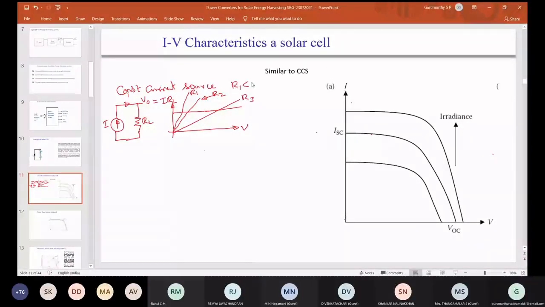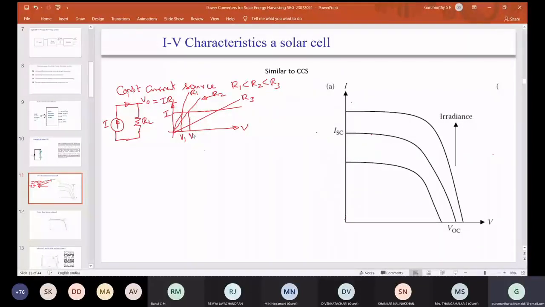Now, connect the lower value resistor R1. The current is constant because it is a constant current source, so this much voltage is developed across the resistor. This will become V1. Now if you increase the resistor to R2, then the voltage drop will be V2.